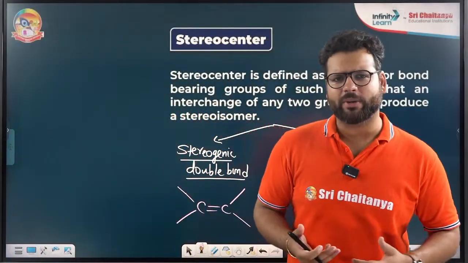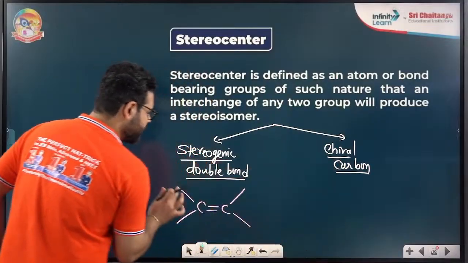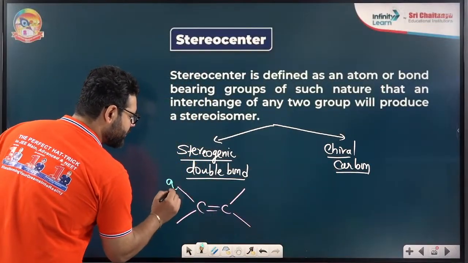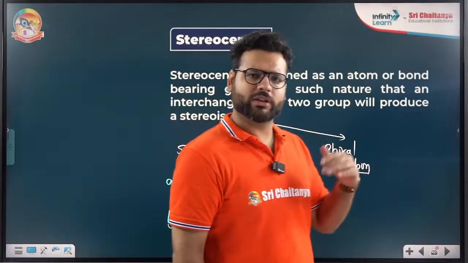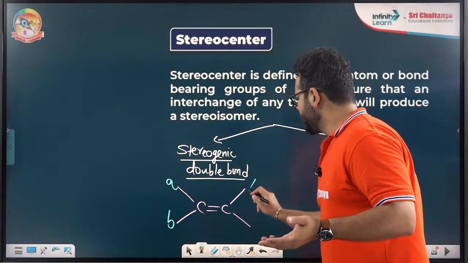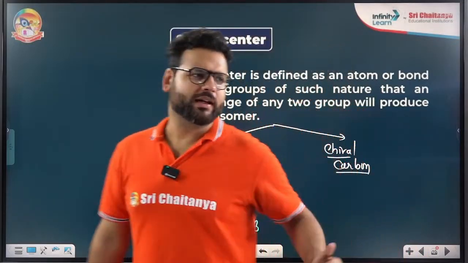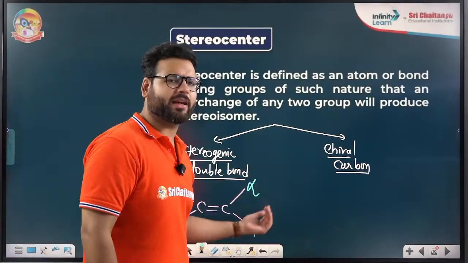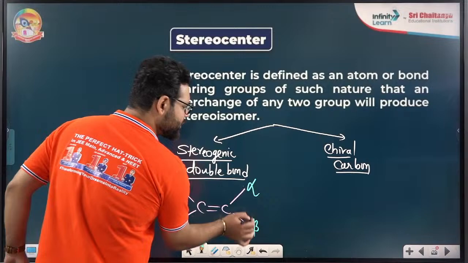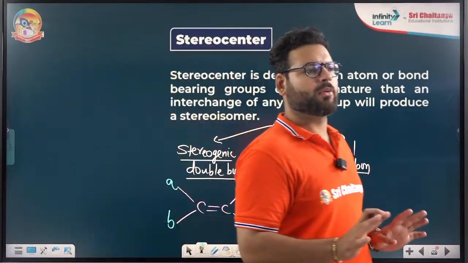Carbon double bond carbon is present, then on both sides, the two groups present must be different groups. A should not be equal to B on this side. Same way here, alpha should not be equal to beta. These two must be different. These two must be different. If all four are different, also not a problem.